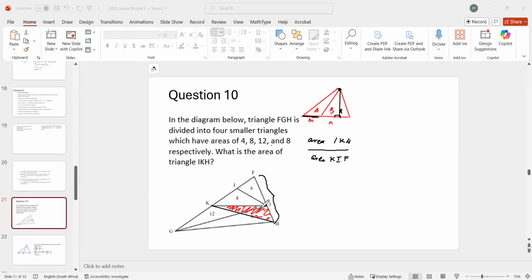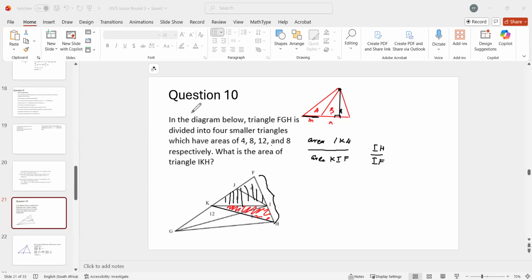So the area of this red triangle over the area of this triangle here, right? It's equal to 8. Okay, we know exactly what the area is, but it's the same as IH over IF. All right.